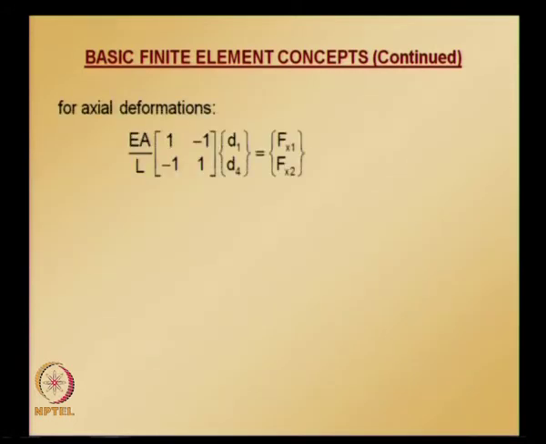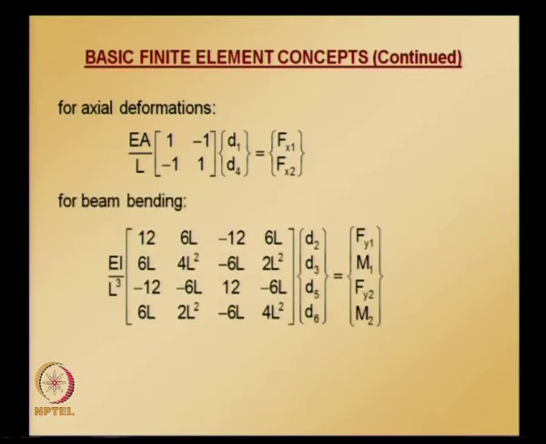For axial deformation these are the element equations, for beam bending these are the element equations, and we already started out with an assumption that axial deformation and beam bending effects are uncoupled.